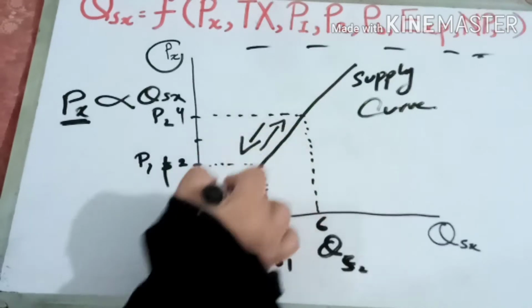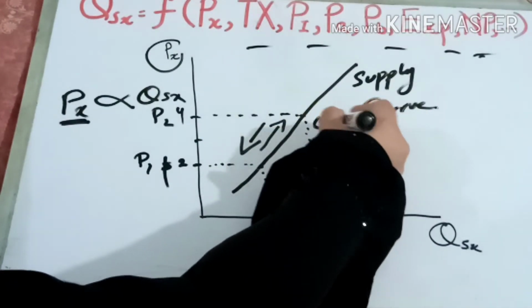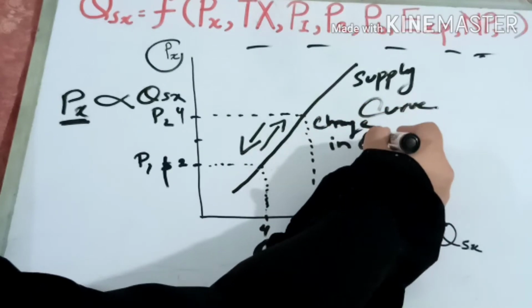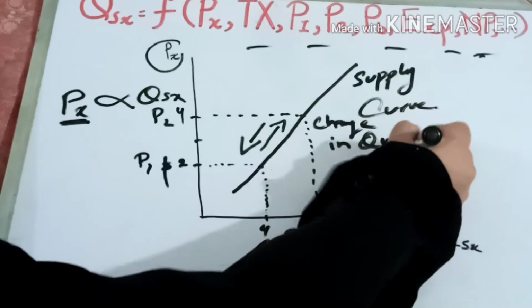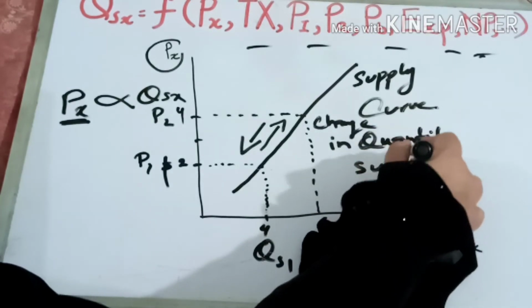So this movement along the curve is called change in quantity supplied.